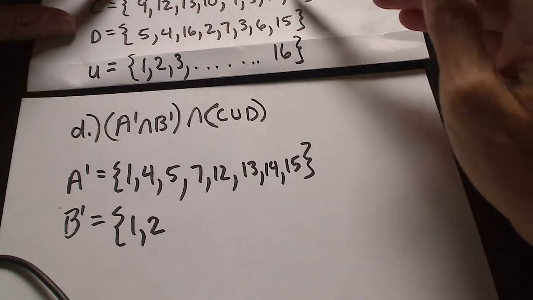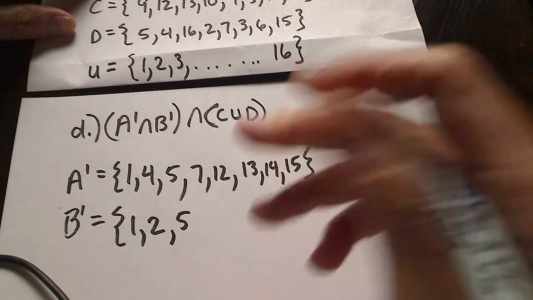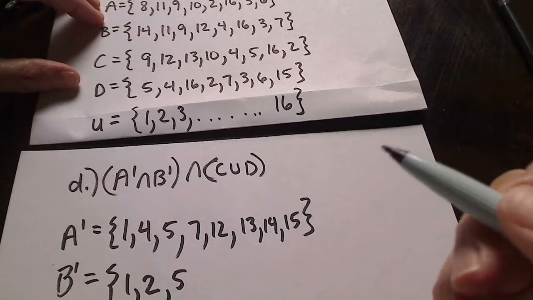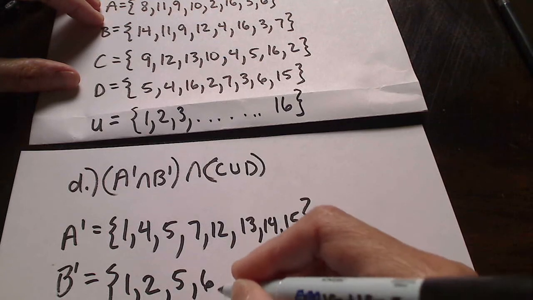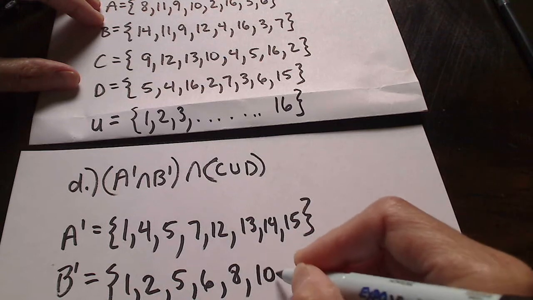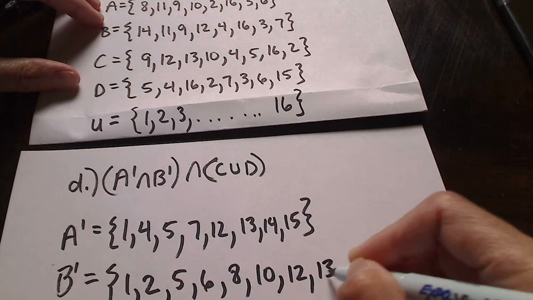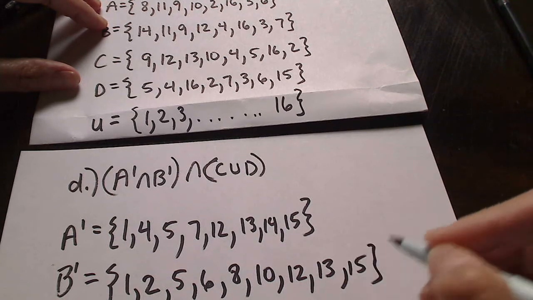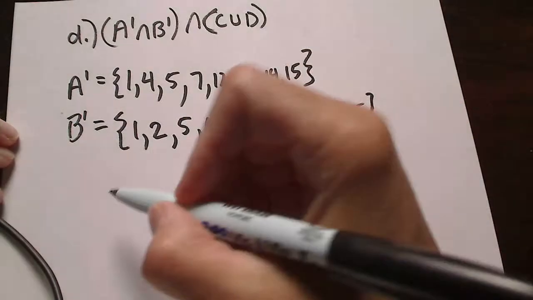So 1, 2, it does have a 3, it does have a 4, it doesn't have a 5, doesn't have a 6, does have 7, doesn't have 8, does have 9, doesn't have a 10, does have the 11, 12 and 13 are missing, has a 14, and it's missing the 15. Okay, so now that we know those sets, we can take a look at the intersection.